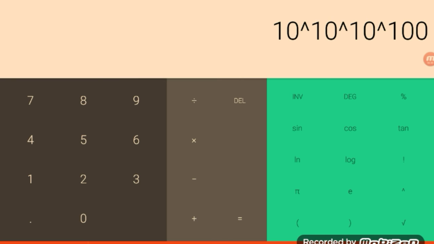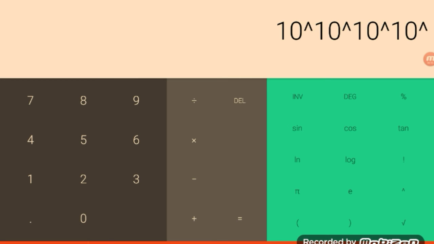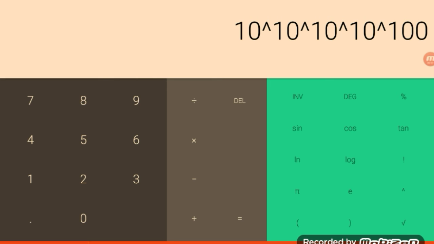An even larger number, 10 to the power 10 to the power 10 to the power 10 to the power 100, is a zugol, and it keeps on going till a googolplexian. Okay, so I have shown you top 5 tricks that you must try with your mobile calculator.